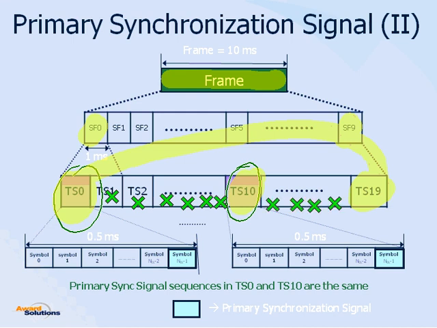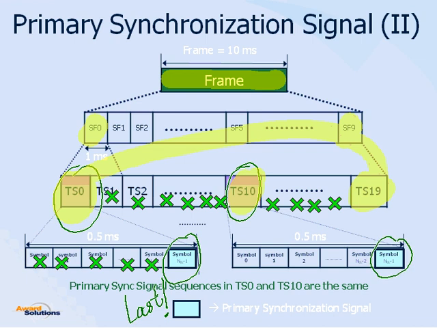No other time slots carry the signal. Only time slot 0 and time slot 10 would carry primary signal. Not all symbols within the slot will carry that. Only the last OFDM symbol will carry the primary synchronization signal.